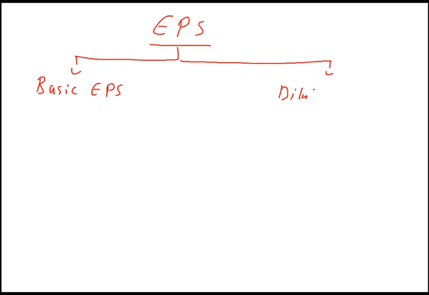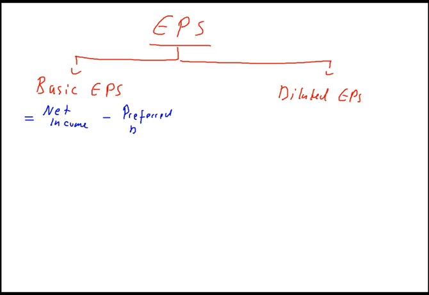If I just write down the equation for basic EPS, it looks as follows. We have to take in the numerator the income available to the common shareholders. That's net income, and from net income we have to deduct the dividend payments to the preferred stockholders, so minus preferred dividends.